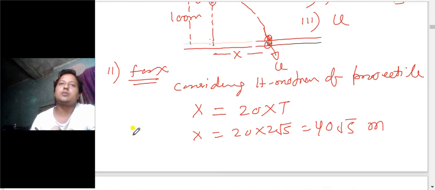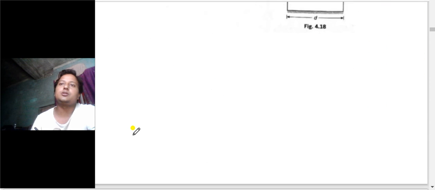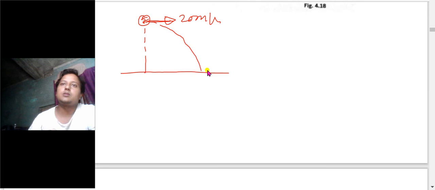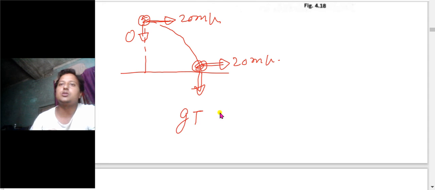Now we have to find the speed. As the initial speed is horizontal 20 meter per second, after time t, the body will have two components: horizontal constant, and vertical, where initial speed is 0, so vertical is g into t. g is 10 and t is 2 under root 5.